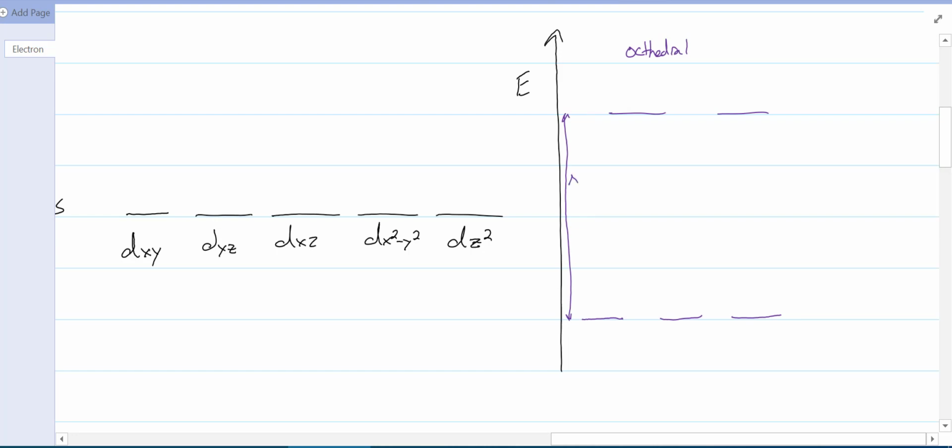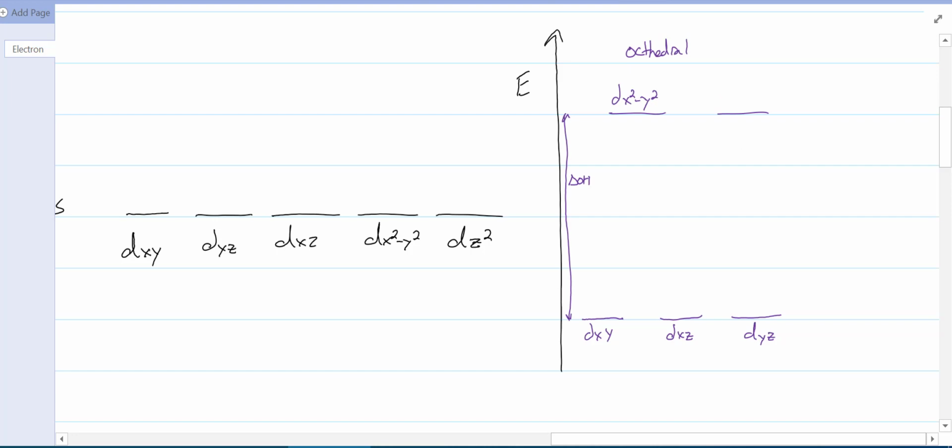And delta O they call it for octahedral. All right. But what happens is the dxy, dxz, and dyz are all down there. All right. And dx squared minus y squared and dz squared are up here.